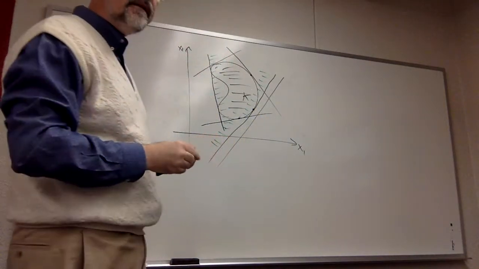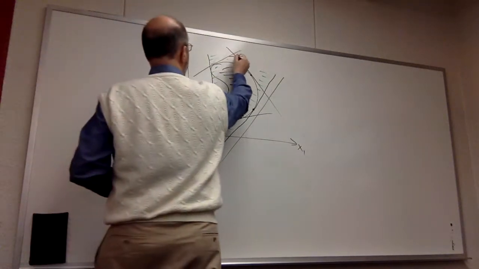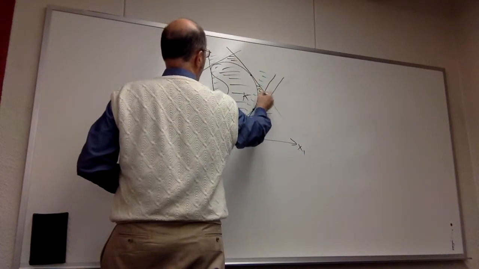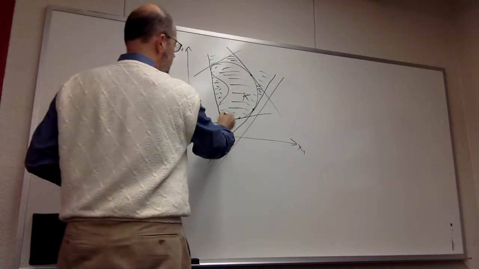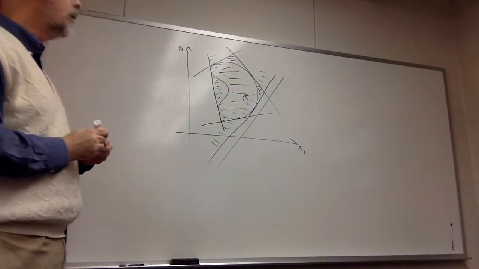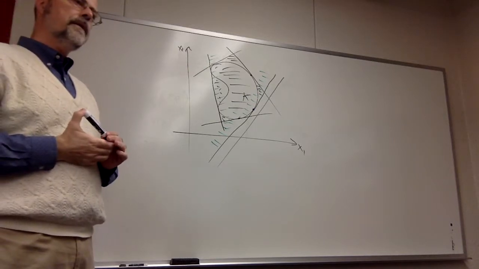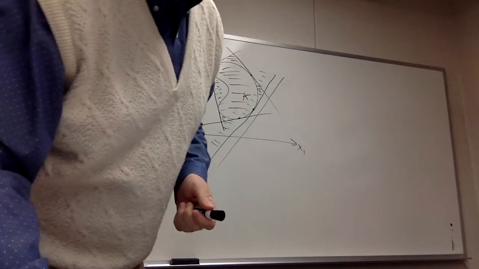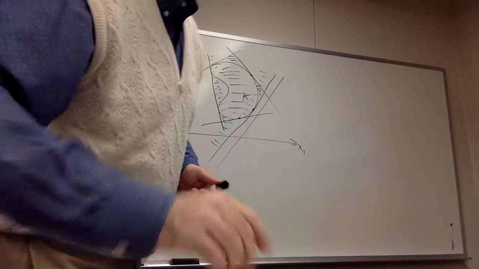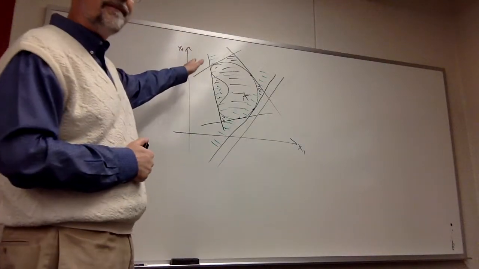And what they shade is, of course, all of K, right? That is not the convex hull, because you need to take the infinite intersection of all such half spaces. And this is just a few of them.